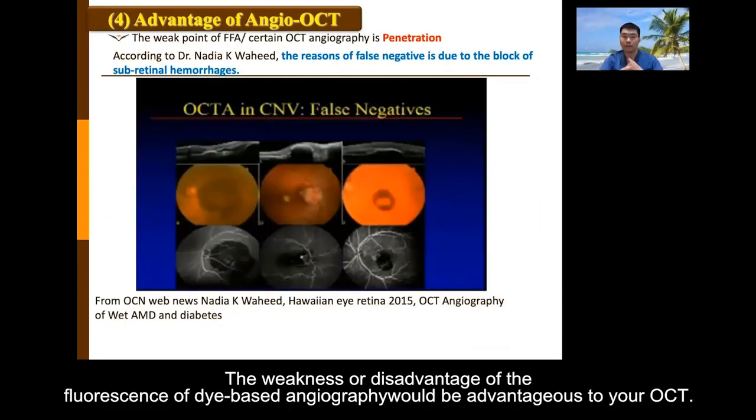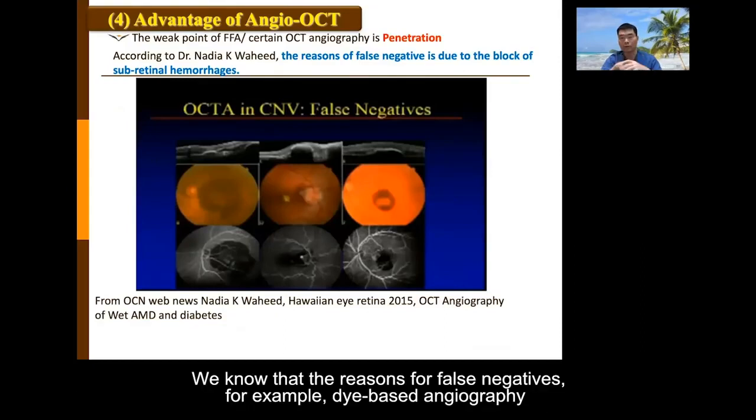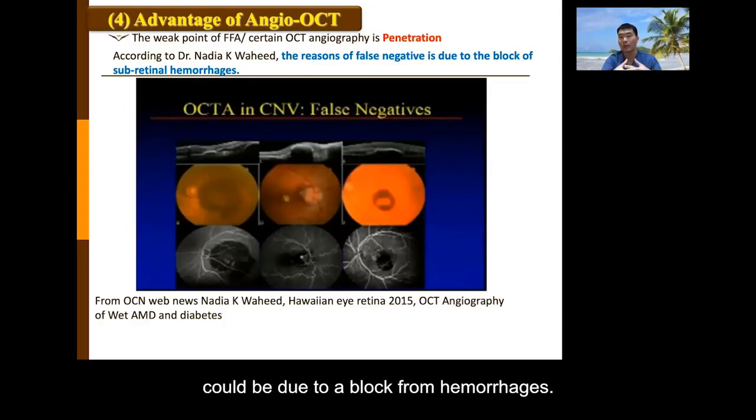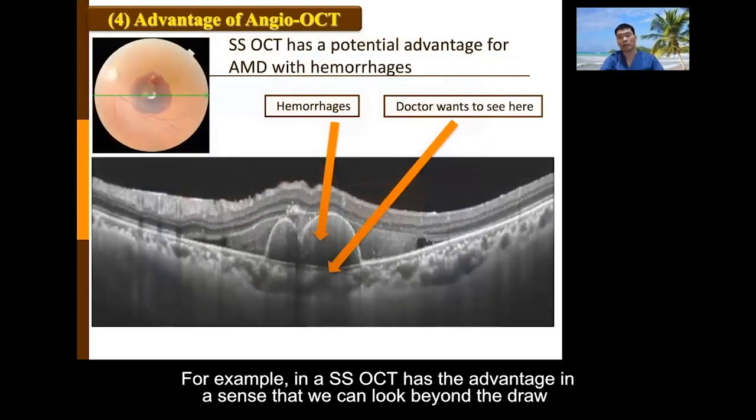The weaknesses or disadvantages of fluorescein or dye-based angiography are advantages of the angio-OCT. The reasons for a false negative in dye-based angiography, for example, could be blockage of fluorescein by subretinal or even intraretinal hemorrhage. I won't speak very much about it, but for example, swept source OCT has an advantage in the sense that we can look beyond the intraretinal or even subretinal blood.